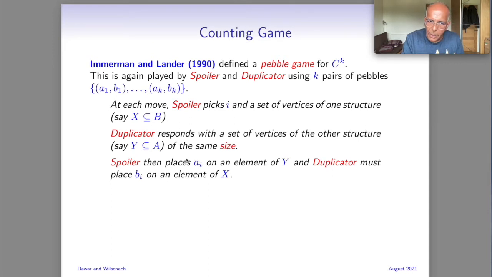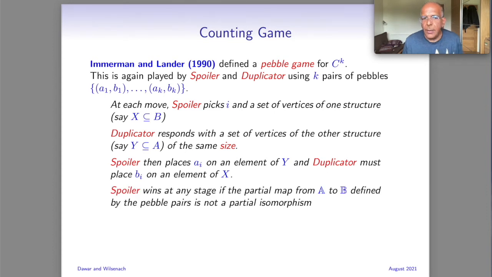So it would be b_i over here and a_i over here, because spoiler is allowed to play on either structure. And again, at the end of this, we have these pebbles, at most k on each structure, covering certain points. It defines a partial map from A to B, where you take the point pebbled by a_i to the point pebbled by b_i. If that map is a partial isomorphism, the game can continue. If it's not, spoiler has won and demonstrated a difference.